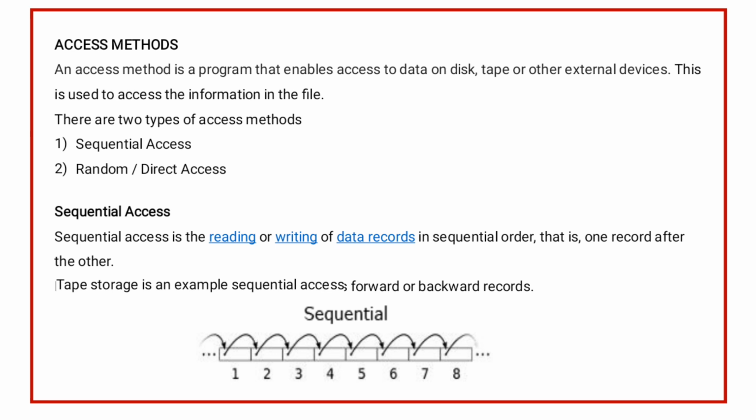It is based upon a tape model of a file. Sequential access is one in which a data location is found by starting at one place and seeking through every successive location until the data is found. Tape storage is an example of sequential access. This figure shows a sequential access.